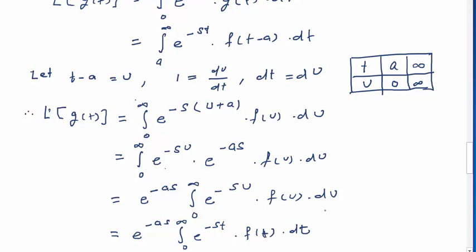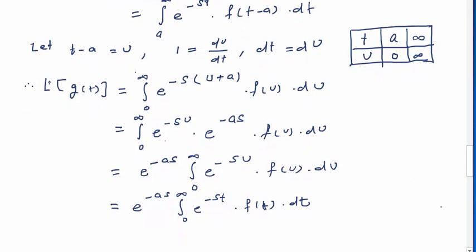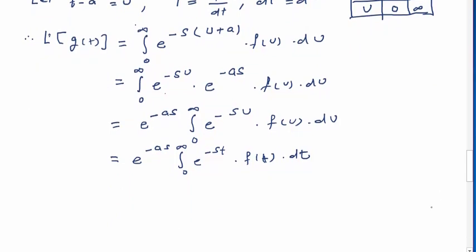If you are not doing this substitution, then also it is okay, but as we have the formula in the variable t, we convert it. Now this is e raised to minus as, and this whole thing is Laplace of f of t. And Laplace of f of t, in the beginning itself we have seen that it is phi of s.